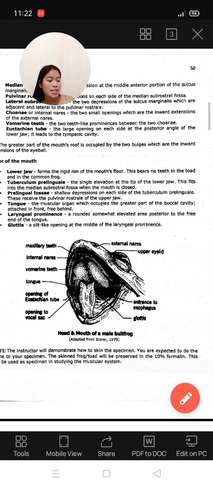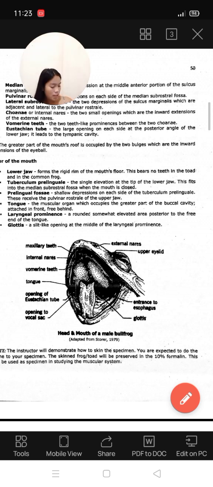However, its location sits between the internal and external branches of the superior laryngeal nerve of the vagus. So, ang location sa laryngeal prominence is between the internal and external branches of the superior laryngeal nerve. Dito siya nabutang.